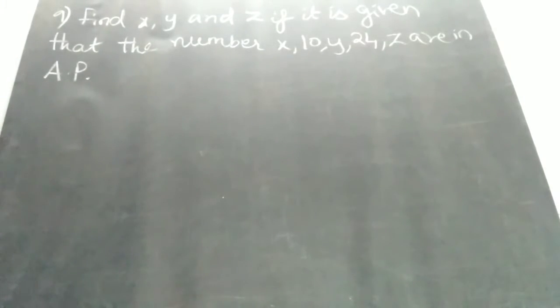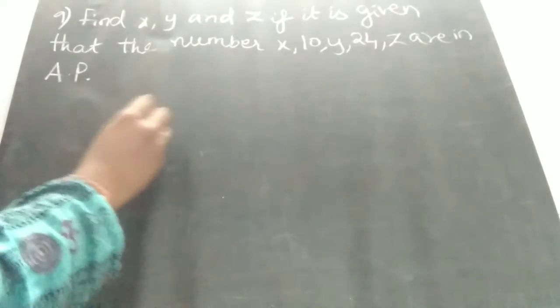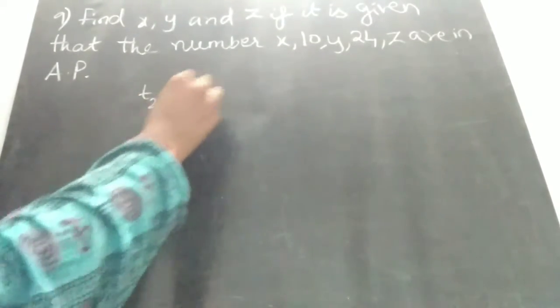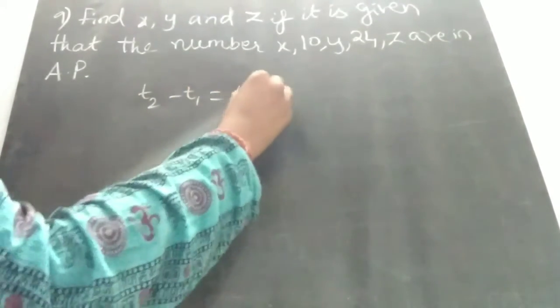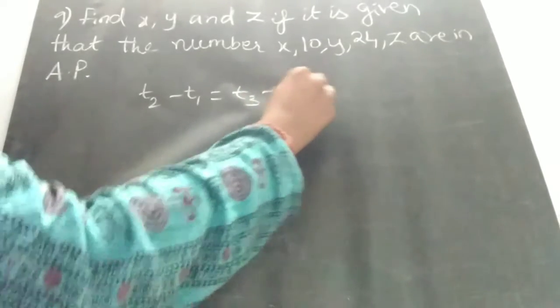Okay, look at the next question, 2.59 sum. Find x, y and z if it is given that the numbers x, 10, y, 24, z are in AP. How will you do it? Same thing. Given they are in AP, that means T2 minus T1 is equal to T3 minus T2.